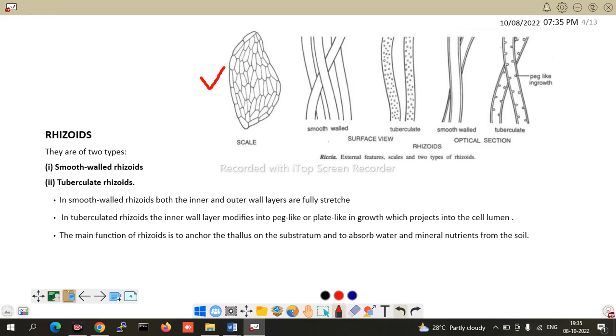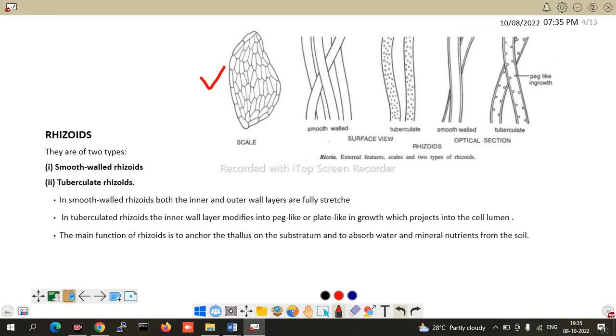Here is a scale and it is violet in color due to the presence of anthocyanin pigment in the cell sap. Next is the rhizoid. There are two types of rhizoid. Rhizoids help in anchoring.